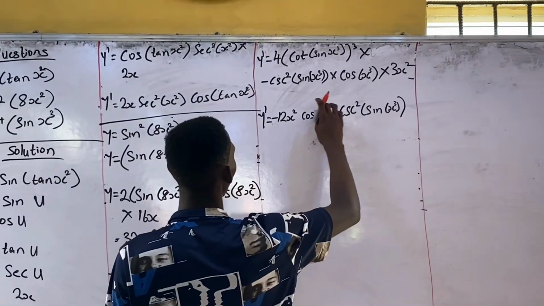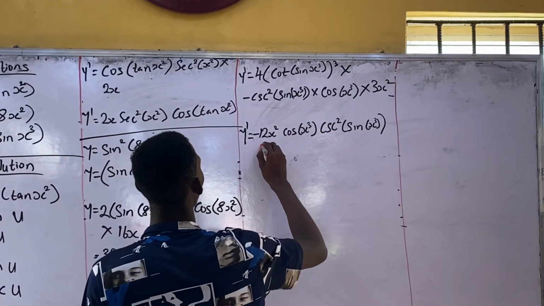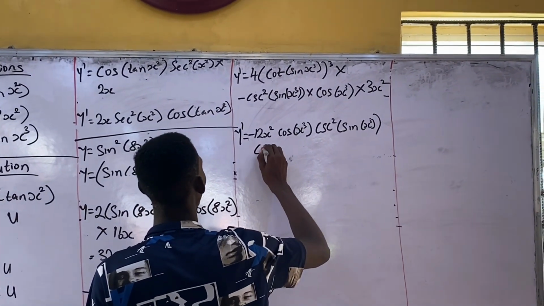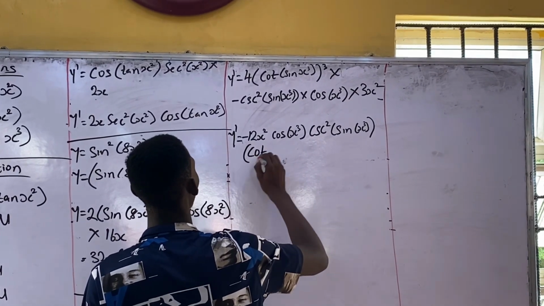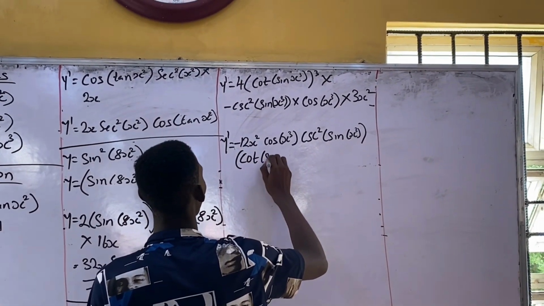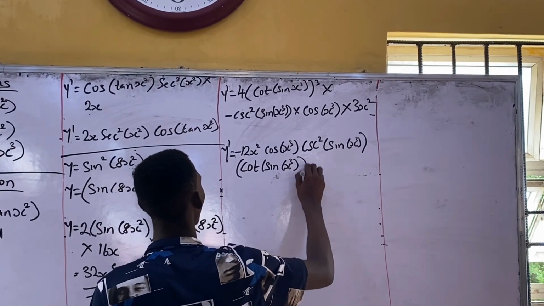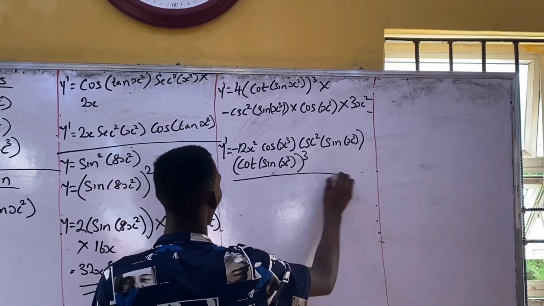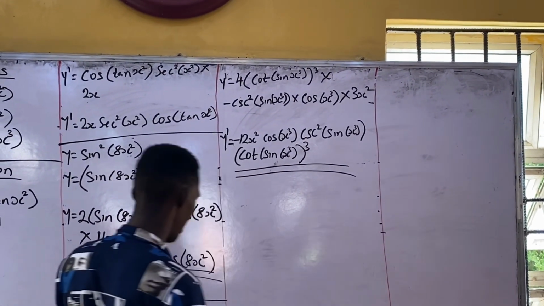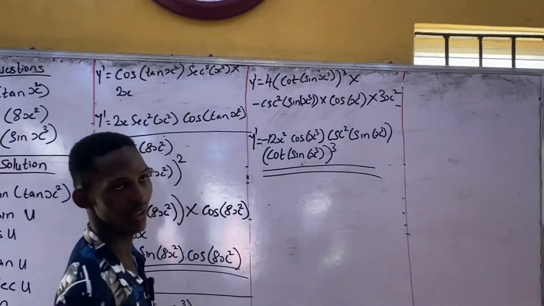Then what's next? Our final, which is cot. Let me put it in brackets. Cot open bracket sine open bracket, x to the power of 3, close bracket, to the power of 3. That is our final answer for today.